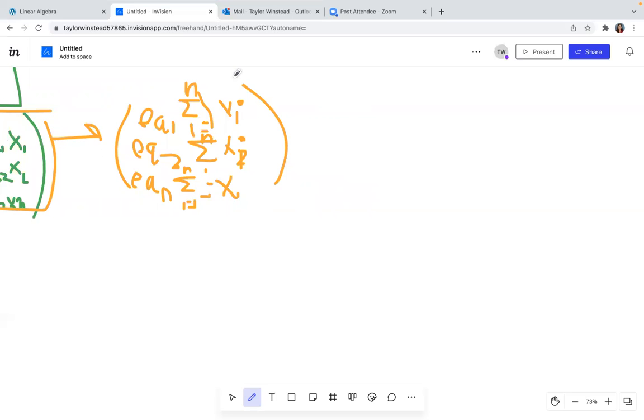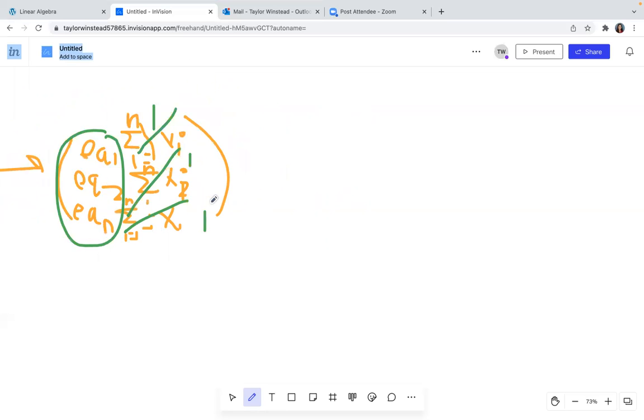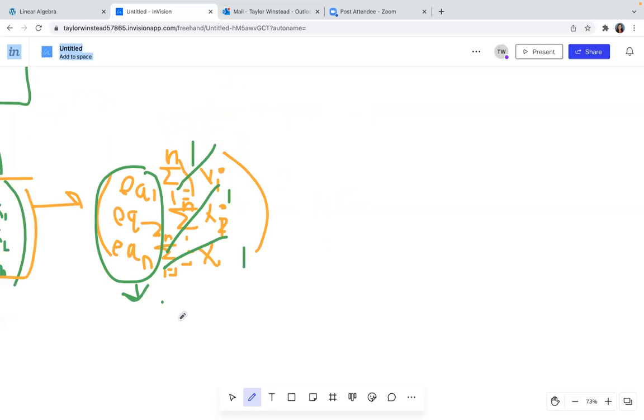So if we cross this out and write 1, cross this out and write 1, and cross this out and write 1, EQ1 times 1 is EQ1, EQ2 times 1 is EQ2, EQ3 times 1 is EQ3. In other words, it's just going to equal the equilibrium distribution vector.